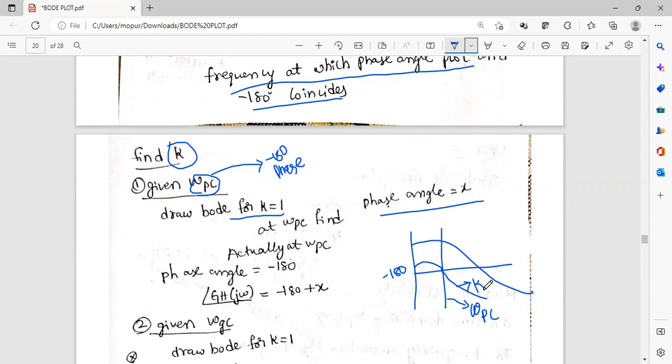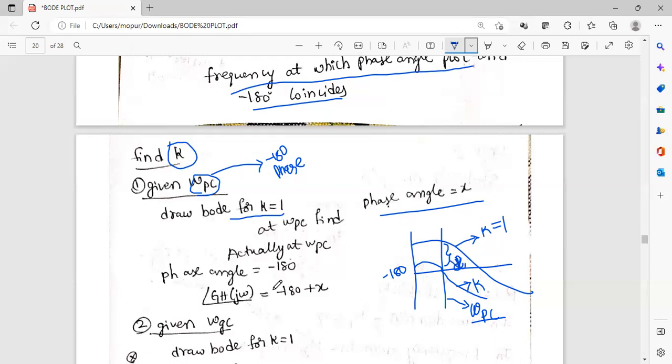If you keep the correct value of k at the phase crossover frequency, the phase angle plot and this minus 180 degree line will coincide. But for k equal to 1, you had drawn the Bode plot initially by taking k equal to 1. So at k equal to 1, they are not coinciding for the given phase crossover frequency. Find this difference. This difference is x. Now this x should be eliminated. So how to eliminate this x?